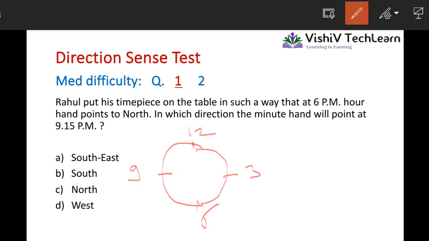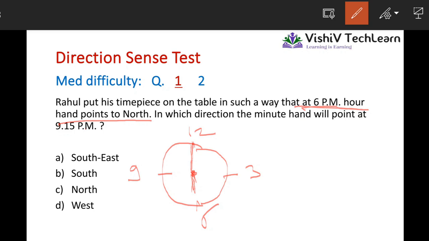And what is given? At 6 p.m. the hour hand points toward north. So let's draw the situation of 6 p.m. In the case of 6 p.m., this is the center of that timepiece and here we have a minute hand which is slightly longer, and here we have an hour hand which is slightly smaller.